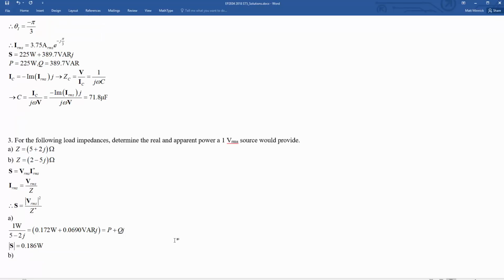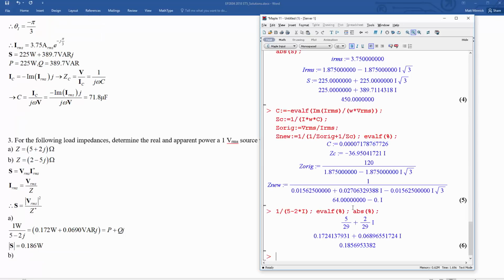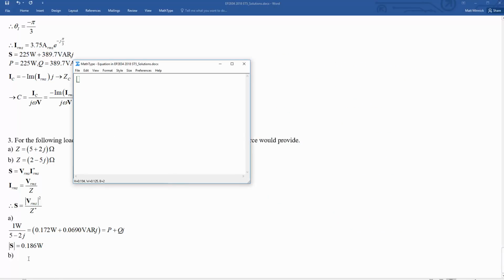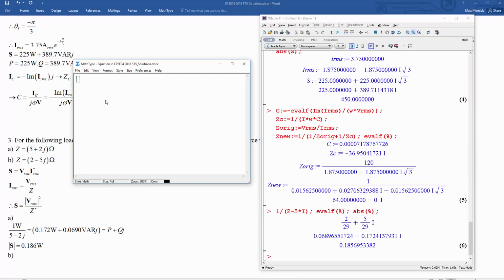In part B, we do exactly the same stuff, except now we've got 2 minus 5j, and we end up with the complex power being equal to 0.0690 watts plus 0.172 volt amps reactive.